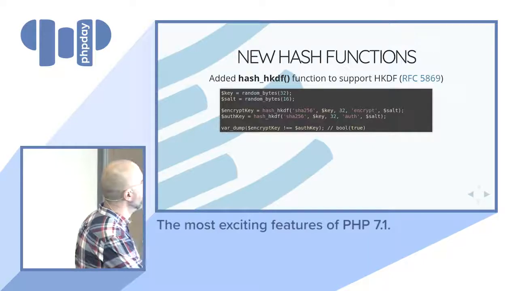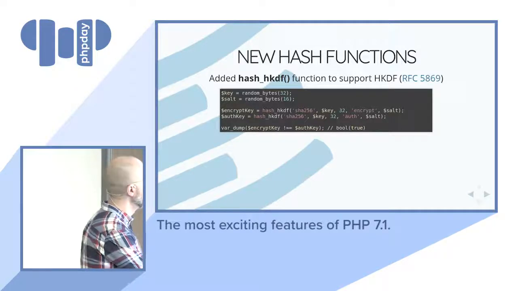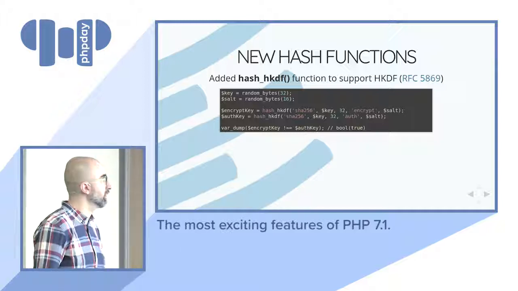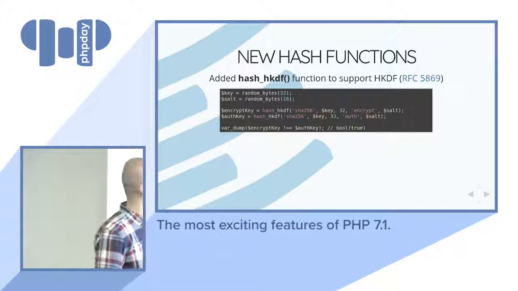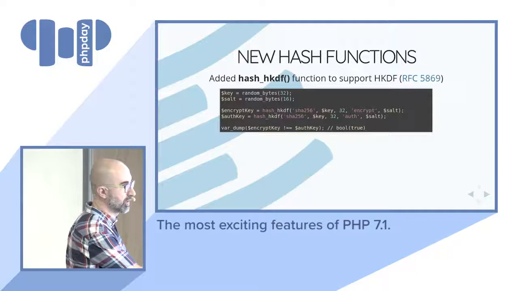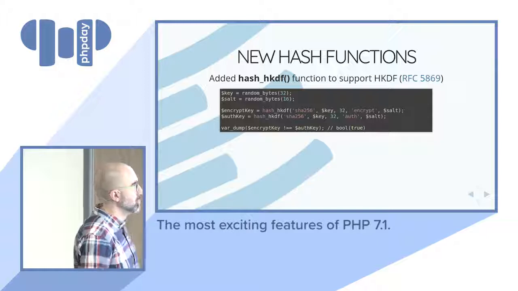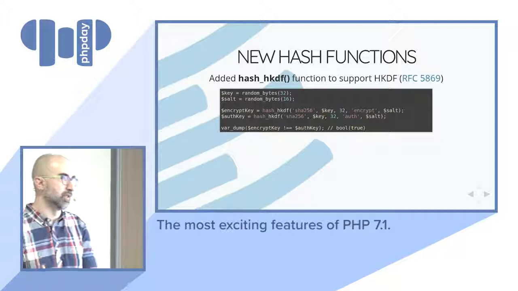Very briefly, you specify the hash function that you want, the key, the size of the output in bytes, and the salt. Salt is important because it's a random string that you use in order to improve the security of the algorithm. So if the key is a user password, for example, you will get an encryption key and an authentication key, and you can consume this key for the encryption algorithm.